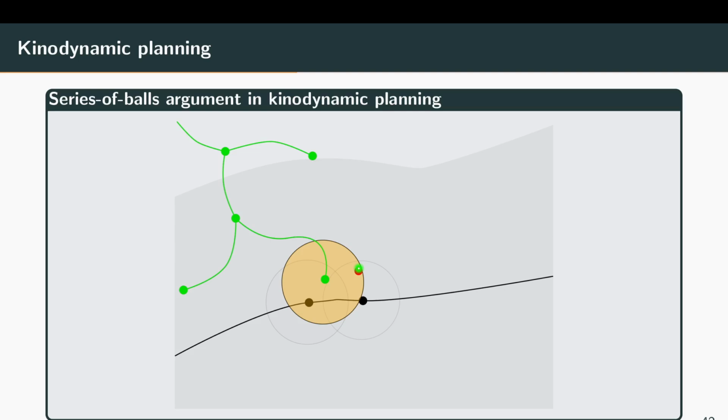We can now use this small-time local controllability argument by saying, okay, as long as these are just epsilon apart, then there's this delta region where they are guaranteed to be connectable.